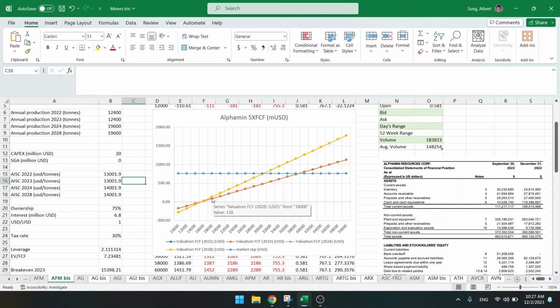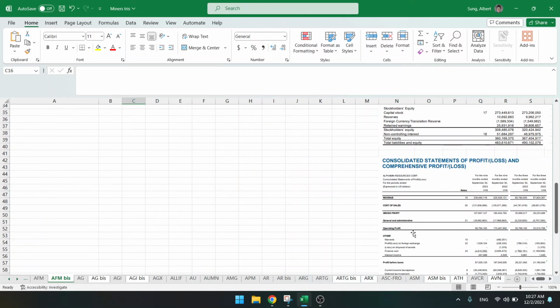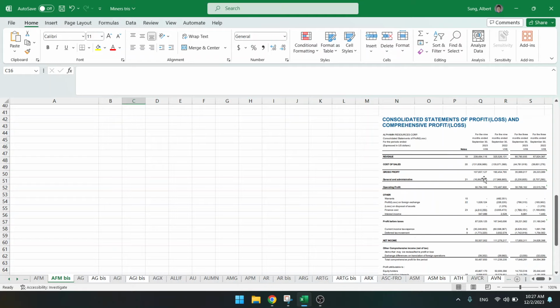So general and administrative, was that calculated in our costs? We can actually calculate this. So what is the cost? Cost is this here plus administrative.